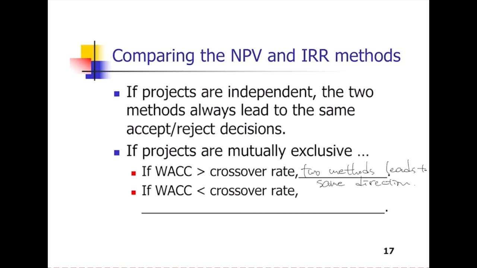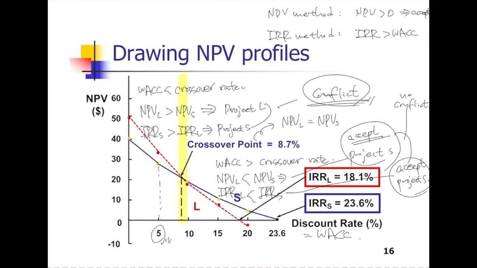But if the WACC is smaller than the crossover rate, in this case the WACC is only 5 and the crossover rate is 8.7%, there is some conflict, right?